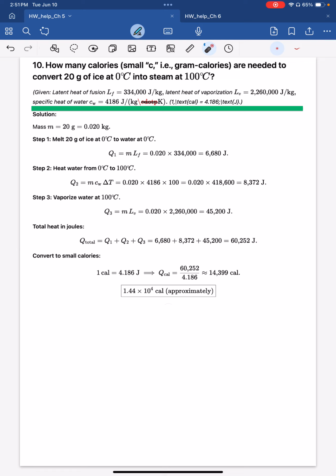And since all of this is in joules, but the answer is required to be in calories, you got to change using this. 1 calorie is 4.186 joules. So you divide this by that number, you get it in calories, which is 1.44 times 10 raised to 4 calories approximately. So that is the homework support for chapter 6.